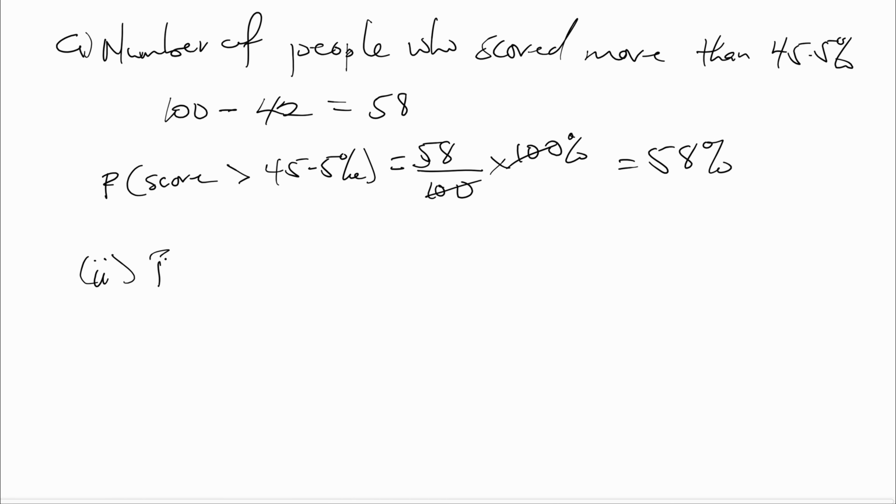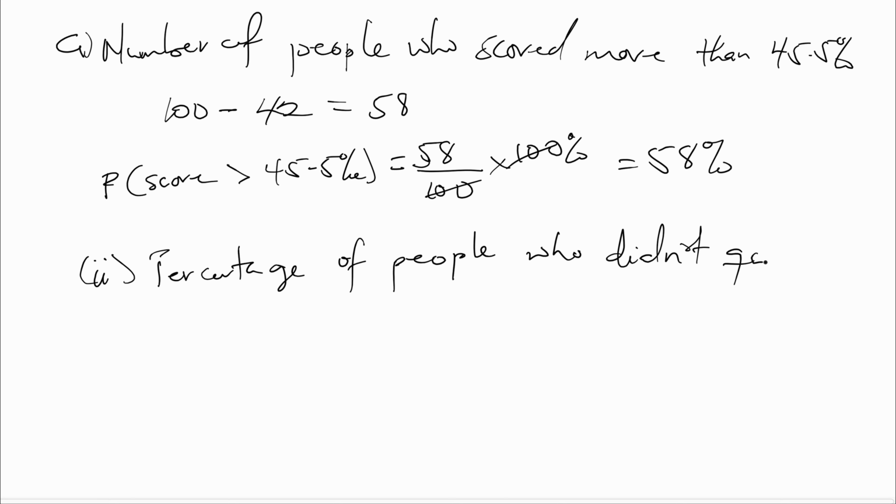So the percentage of people who didn't qualify is equal to 100 minus the percentage of people who qualified, which is 5%.